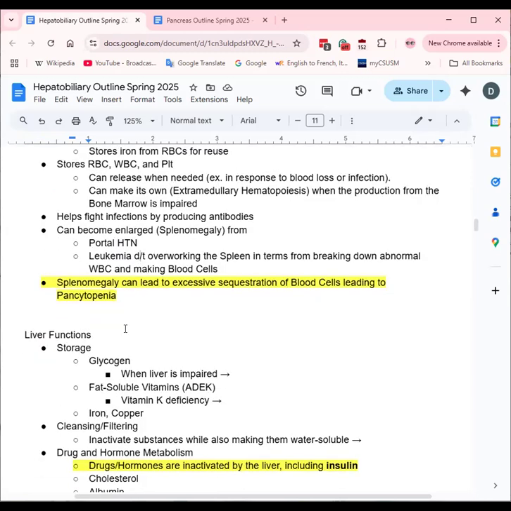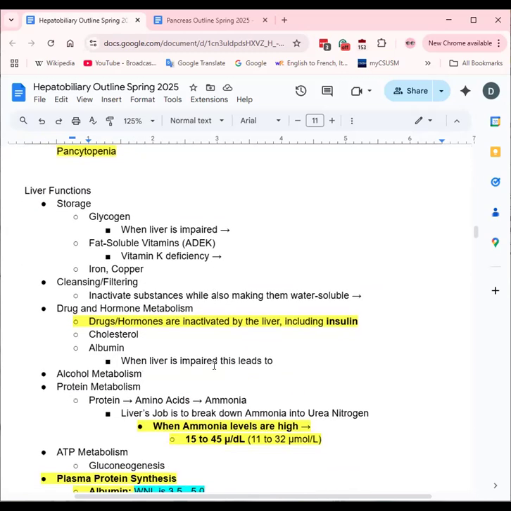Okay. So now I'm going to talk about more application stuff, and this is where you guys come in. So liver functions. So some of the things the liver does is, as we learned in the first few semesters, the liver stores glycogen, which is what is glycogen? And what do you think happens when the liver is impaired, knowing that the liver stores glycogen?